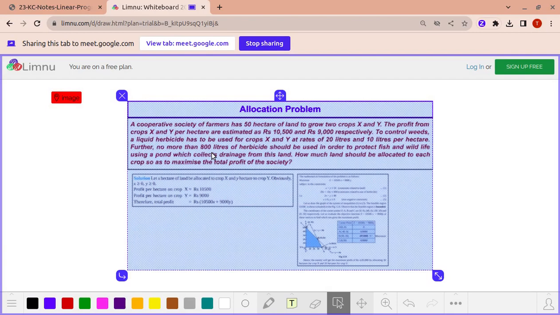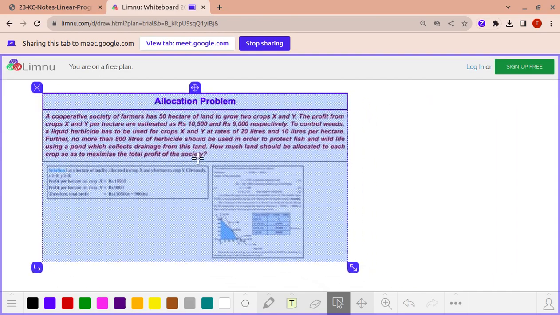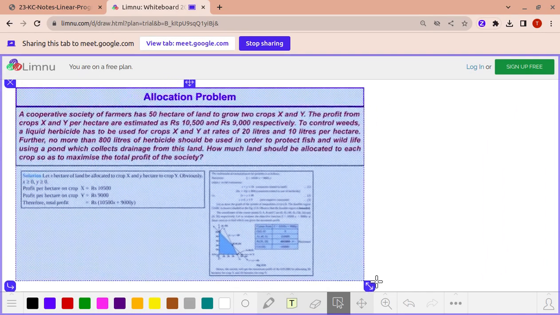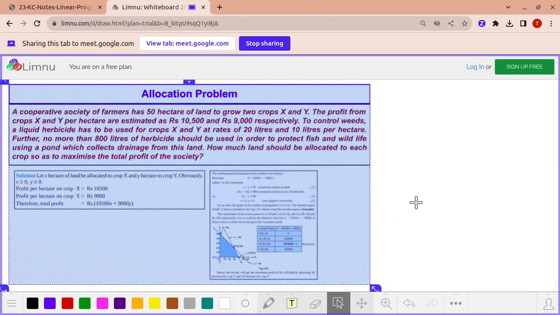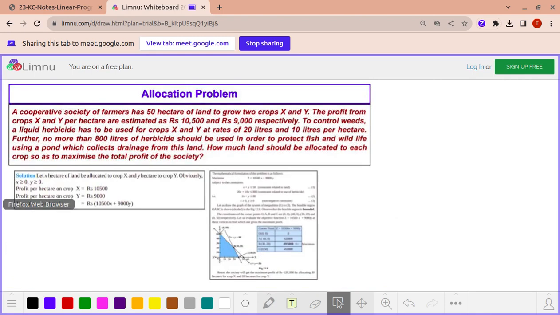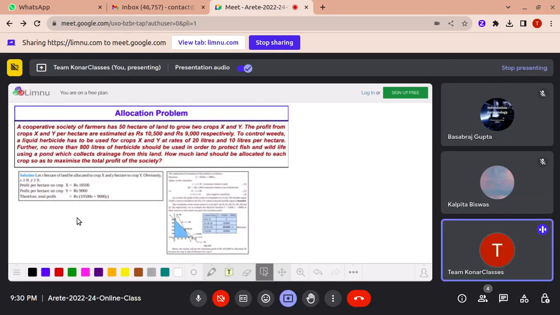It is an allocation problem. Okay, so let me first go through the problem.